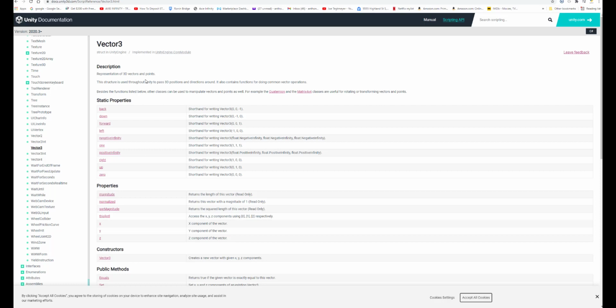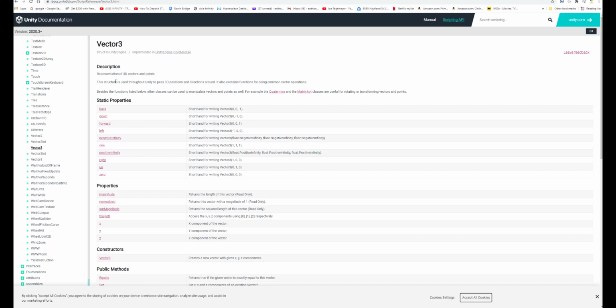A library is a class of functions, that is code that is put into one little basket, and you import the basket, and then you upload the various functions, but they're rather difficult to understand. So Vector3 is a structure of the Unity engine implementing representations of 3D vectors and points.